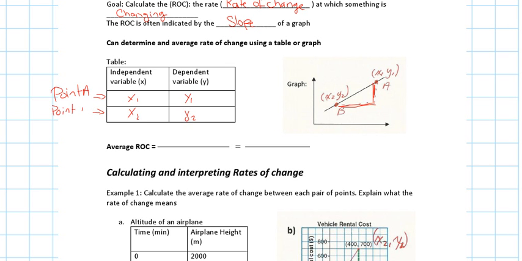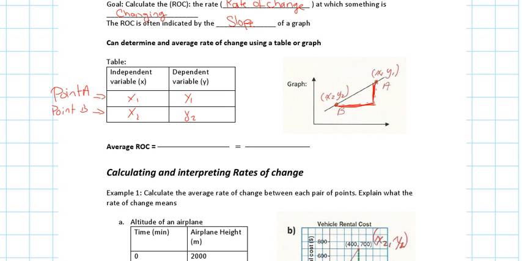Right? So if you look right here, if I want to find the slope of the line, I have to look at the rise versus the run between the 2 points. Okay? That's what slope means. It's how steep is your line.